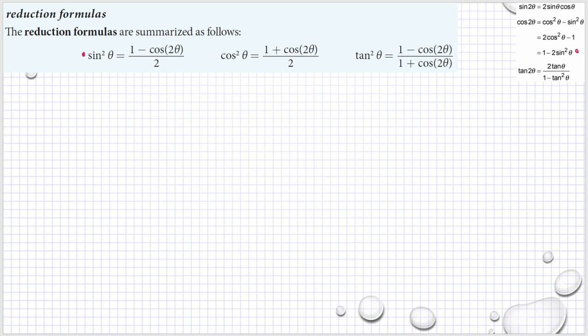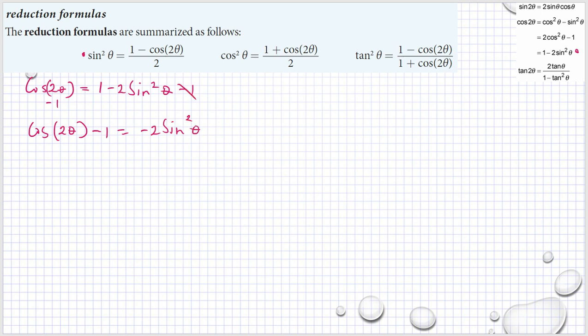If I'm going to show you that, then I have cosine 2 theta is equal to 1 minus 2 sine squared theta. And then if we subtract 1 from both sides of the equation, then we have cosine 2 theta minus 1 is equal to negative 2 sine squared theta.